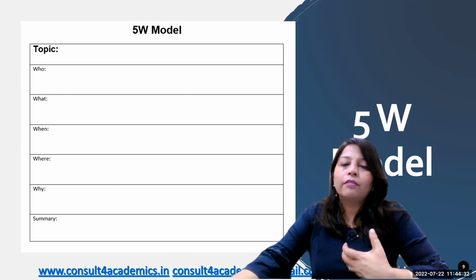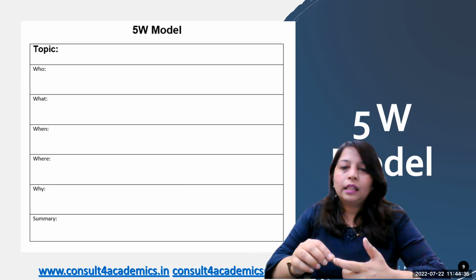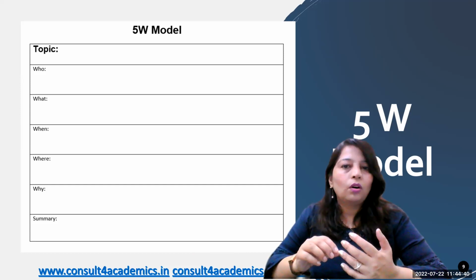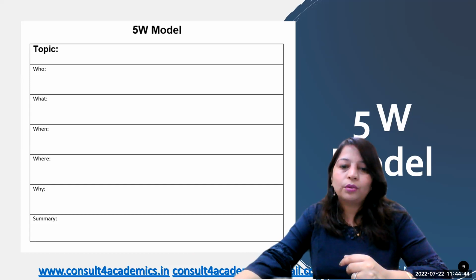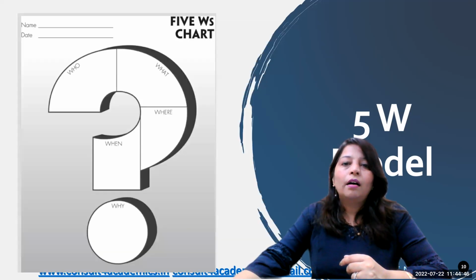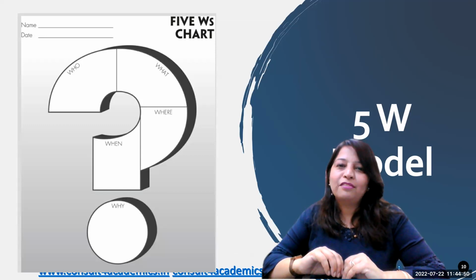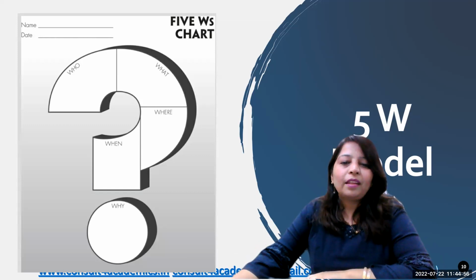And you can give freedom to your students as per the age group. Either they can write only words or phrases or statements or paragraphs, depending upon the age group of the students. Now, the 5W chart, the same, and another format I have shared with you. If you want, you can take a snapshot as well, and you can use the same in your class.